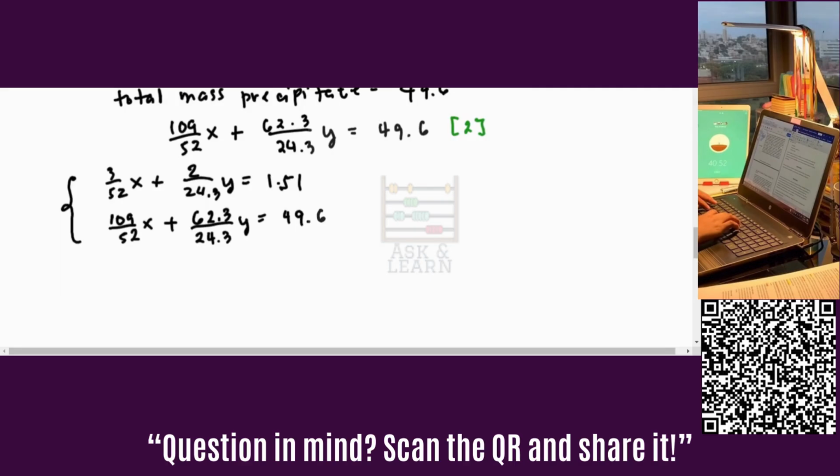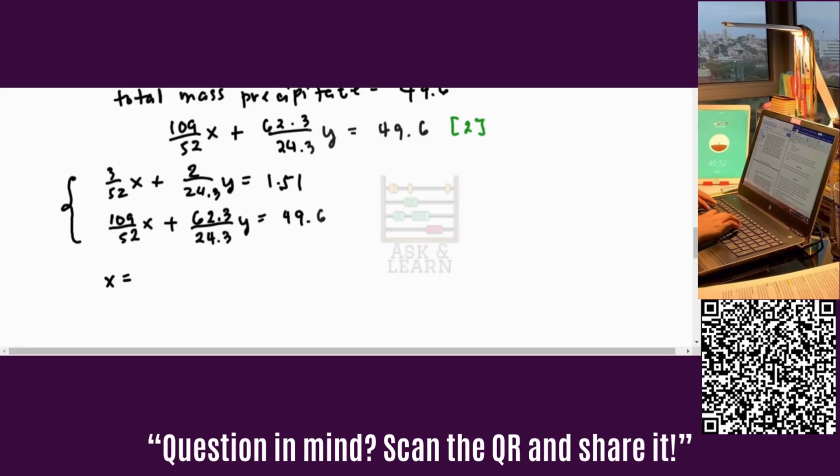So what I will do is that I'm going to use my calculator, plug it in, set it in system mode, and plug in this set of equations here. So again, if you wanted to solve it longhand, you can use substitution or elimination method, which you can review in algebra.